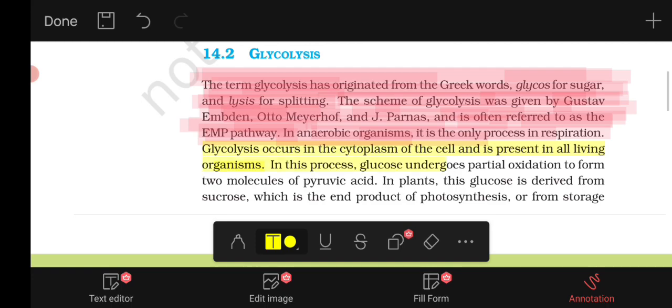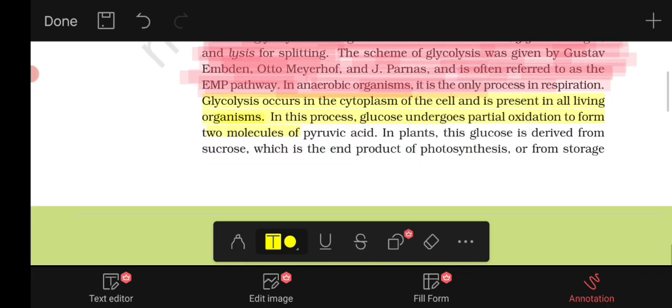It is the process in which glucose undergoes partial oxidation to form two molecules of pyruvic acid. Glucose is a 6 carbon compound and pyruvic acid is a 3 carbon compound.